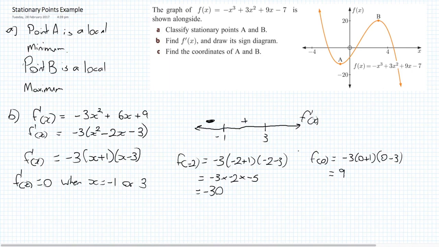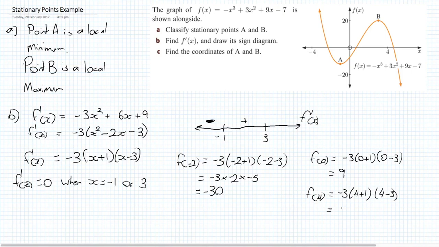And let's see what happens after B. Why don't we see when x is equal to 4. So we're going to have -3 times 4 plus 1 times 4 take 3.